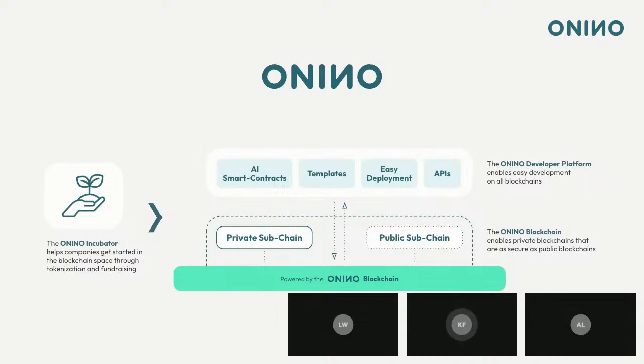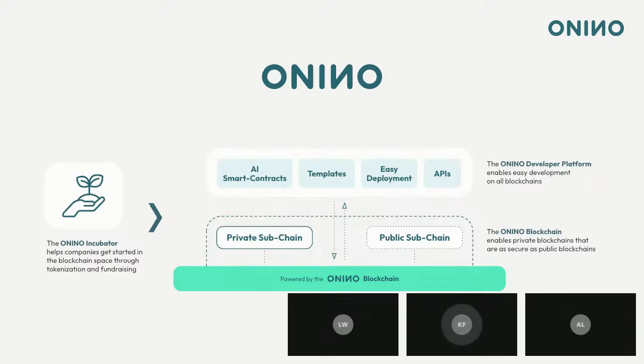We have an easy deployment engine to manage and deploy your smart contracts across all different blockchains, and to easily integrate the blockchain solutions into the rest of your applications. We also have the Onino Smart Contract API, which we're currently working on. It makes it super easy to interact with every smart contract with only one API call, like you're used to from Web2 development.